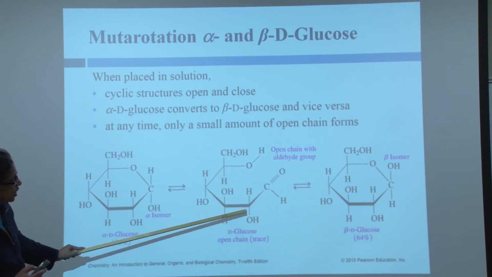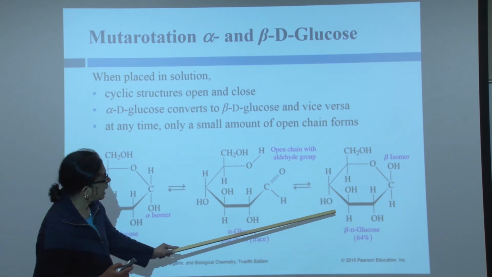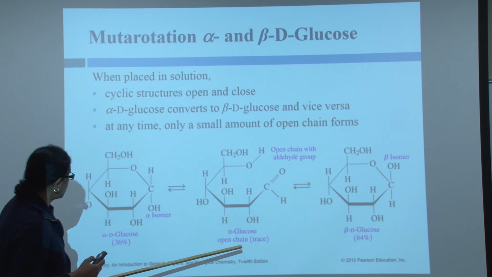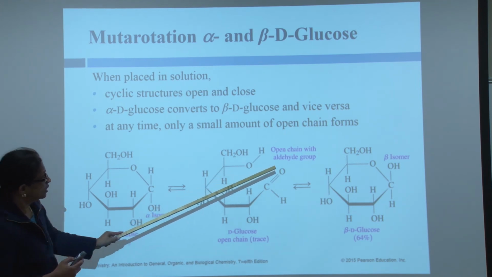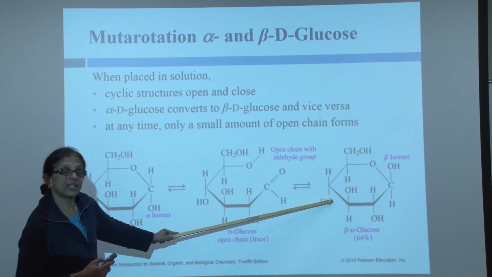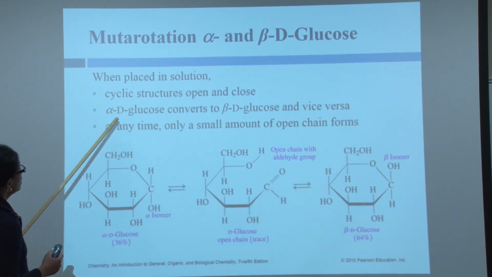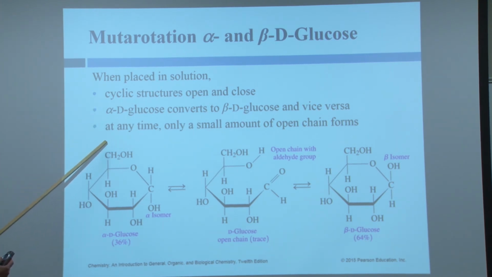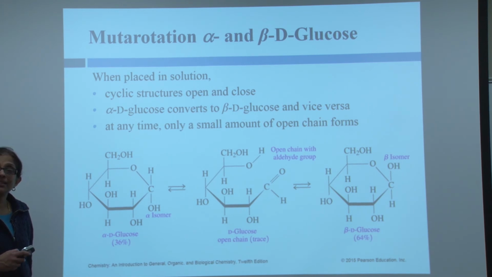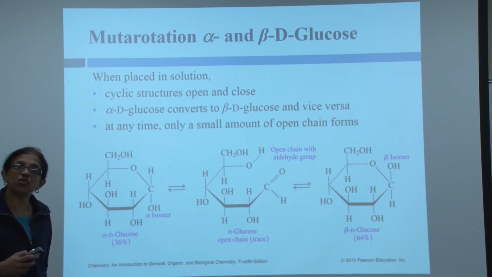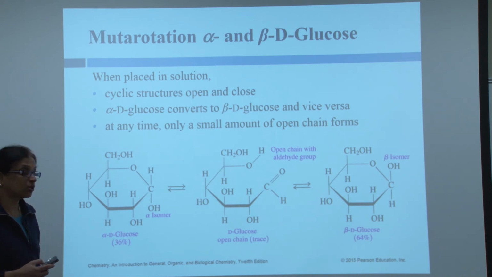you have an open chain, then you have a beta glucose. So there is an alternation between the alpha opening up, closing the ring as a beta. When you have these ring structures in a solution, there is a rotation between the alpha and the beta. There is a mixture of alpha and beta in that solution.